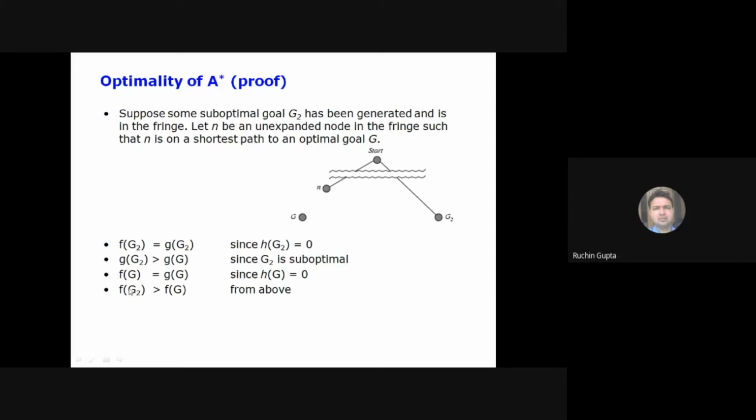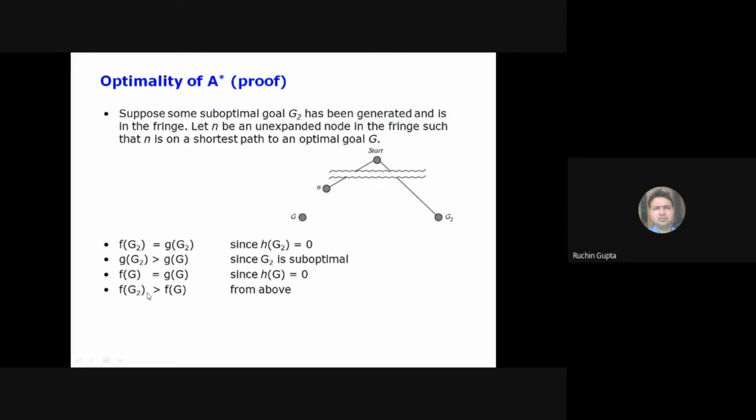Right. And similarly, f(G) equals g(G) plus h(G), and h(G) will be 0 because the cost from the node G to G will be 0. So from these two, what can we conclude? f(G2) will be greater than f(G). You can see here, this g(G2) is greater than g(G).